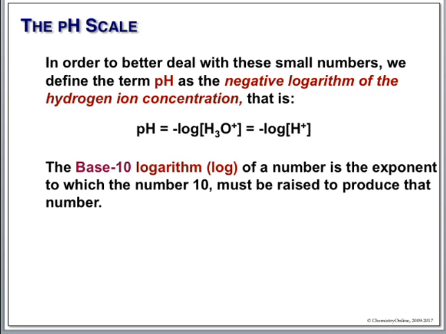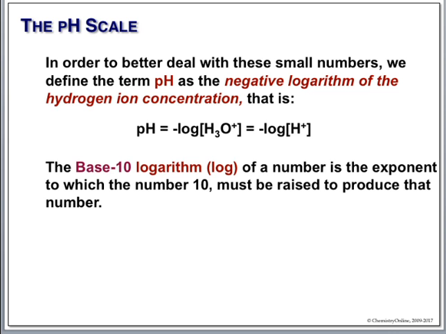If we have more hydroxide, it's called a base. If they're both 10 to the minus 7, that's neutral. Now these are very small numbers, 10 to the minus 7. If you had to sit there with your calculator and do this, it would be a chore.